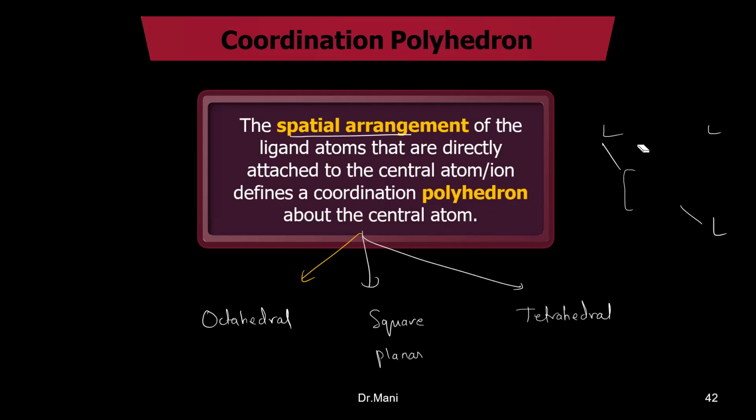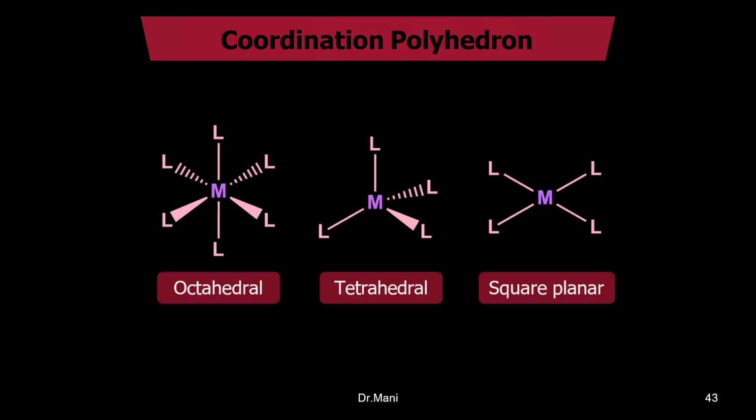You can see here there are different types: octahedral, square planar, tetrahedral. Here you can see this is the central atom and it is surrounded by the ligands. For all the spatial arrangements of these ligands, we give the names octahedral, tetrahedral, and square planar.